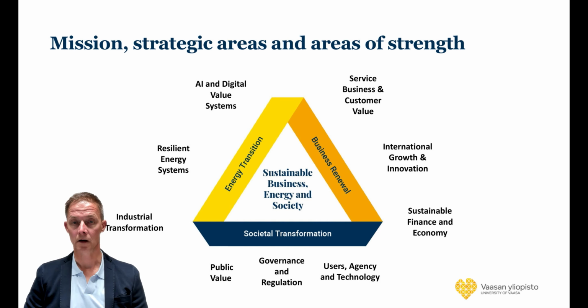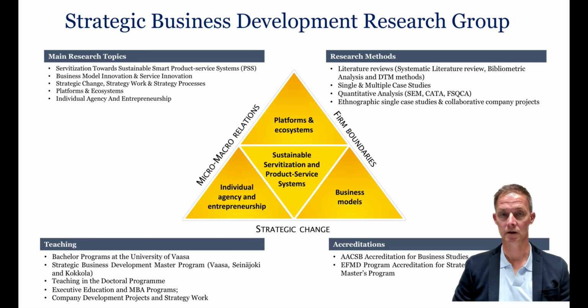A bit like our university strategy triangle, the next slide depicts our strategic business development performance unit level areas of strength. This is not something we produce in our strategy update workshop, but something that would definitely add value to your PU level strategies.